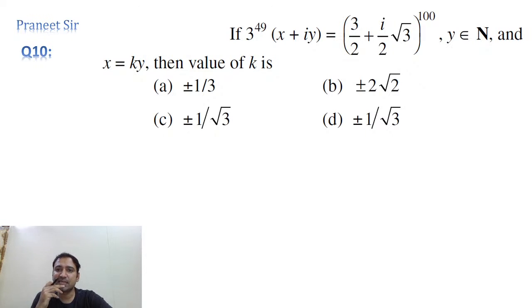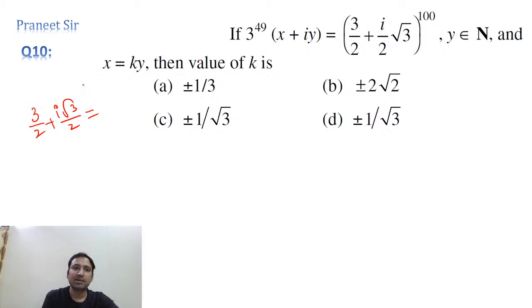Let's convert this (3/2) + i(√3/2) into polar form. How to convert a complex number into polar form, guys?